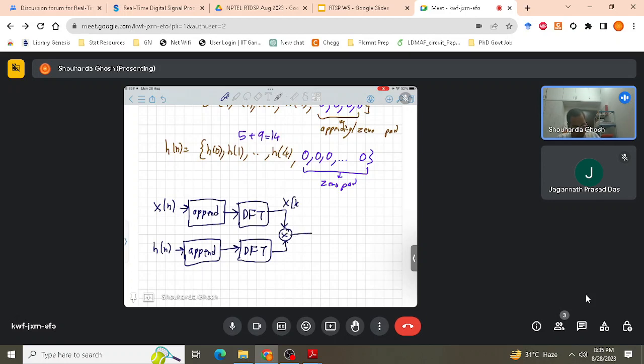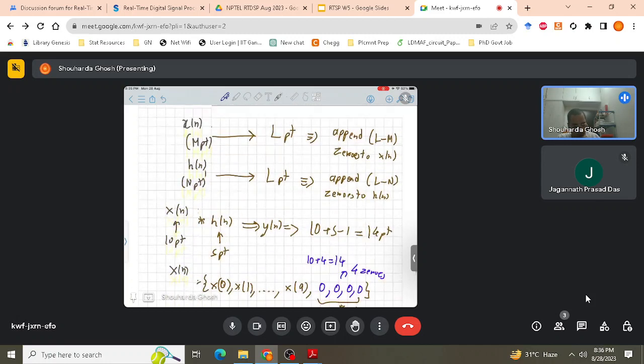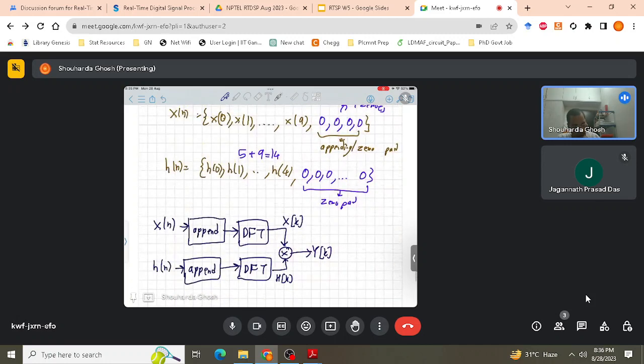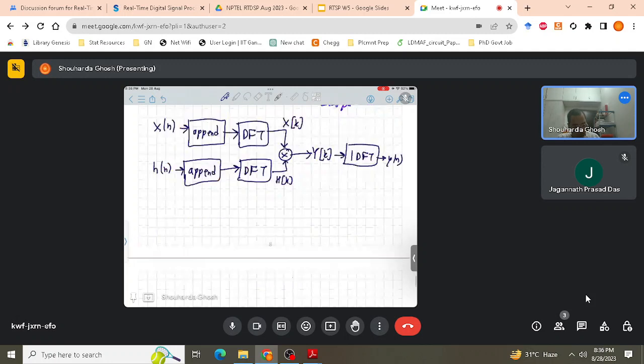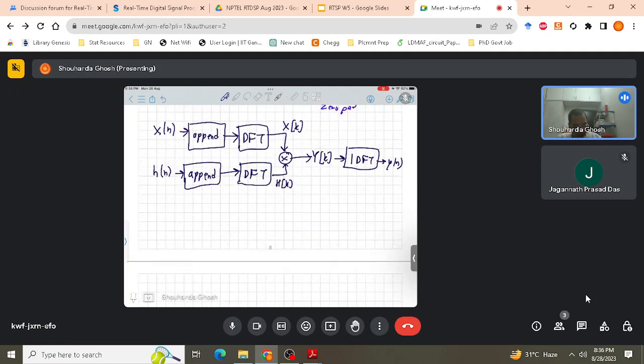X of k, H of k, we get something that is Y of k, and this Y of k is actually the correct one because we appended the zeros, getting the correct number of points, L point. So I will take an IDFT over here and I will get y of n. Now actually if I do this, only then this yn is xn convolved with hn.